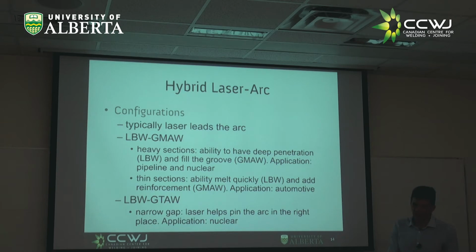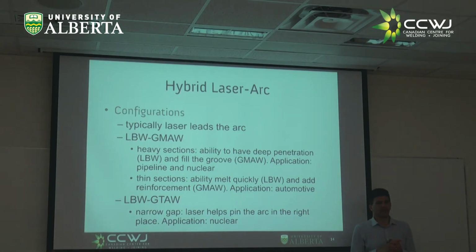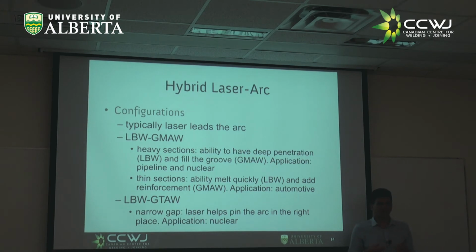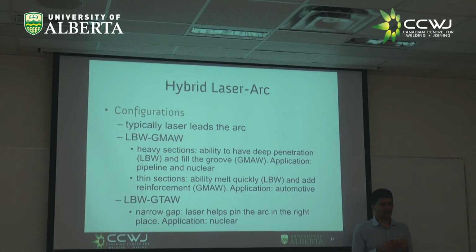Thin sections. So the other application is exactly the opposite. Let's not have a deep keyhole. But if I want to move faster, I need to put more heat. But if my plate is thin, right, I put heat and I can burn the plate, right?